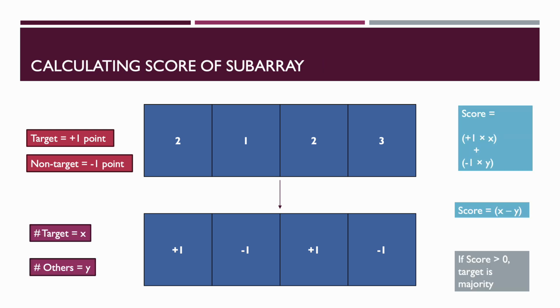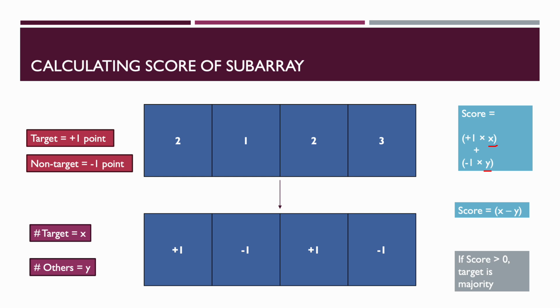So we are going to calculate the score of a subarray now. We got this array. Let's say the count of target is x and the count of others is y. So our score will be 1 into x, since target is assigned +1, and -1 into y for other elements. So what will be the sum for it? It will basically be x minus y, right?